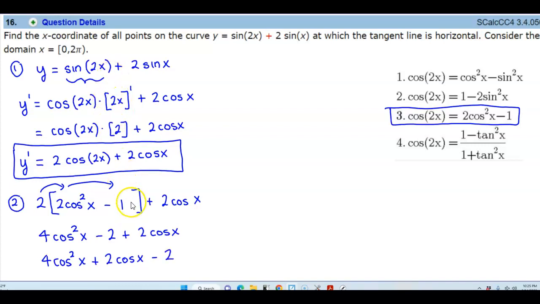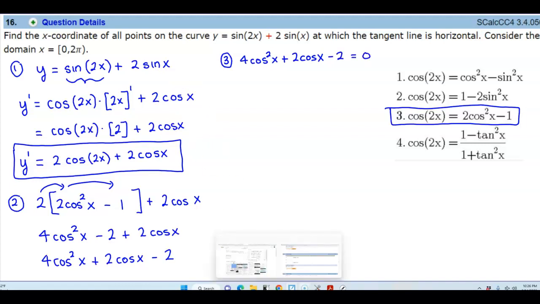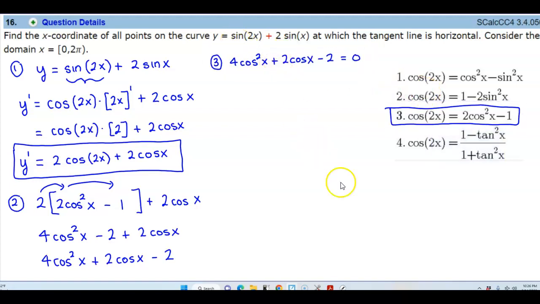Okay, so what we want to do now is set this equal to 0. So in step number 3, we want to set 4 times the cosine squared of x plus 2 times the cosine of x minus 2 equal to 0. And so we want to be able to factor this. So let's go ahead and do that.